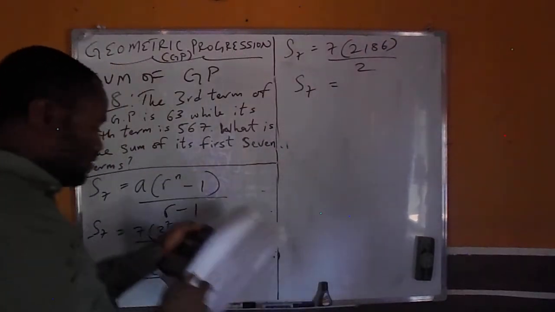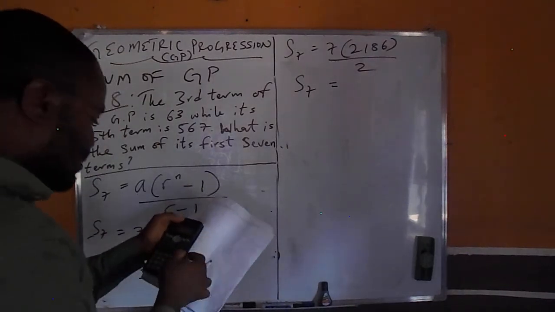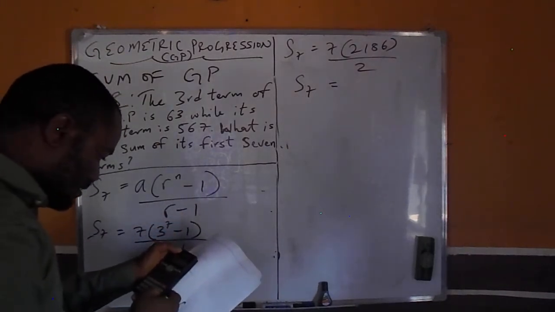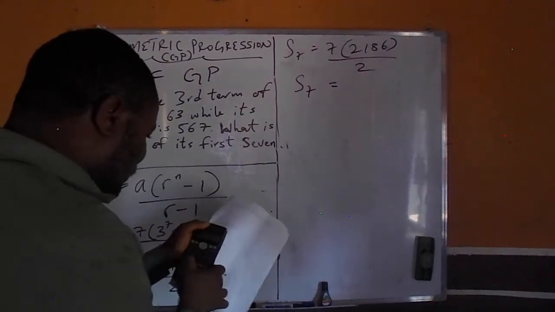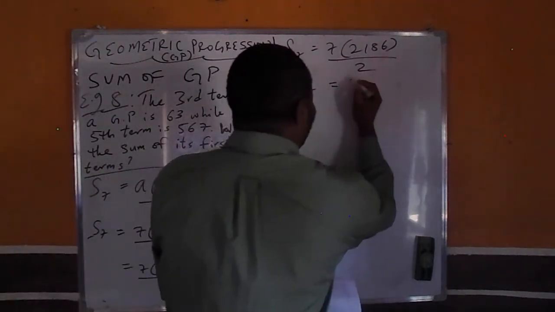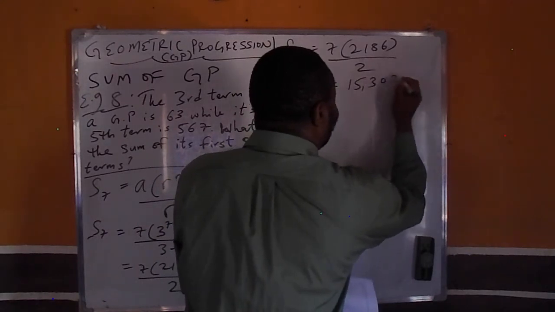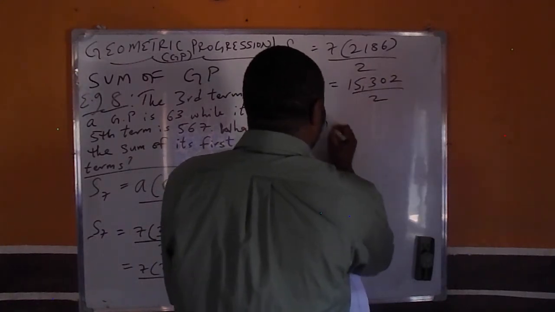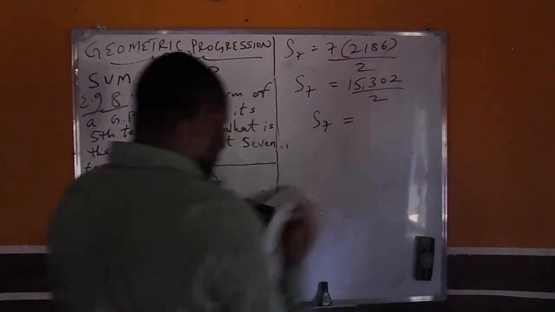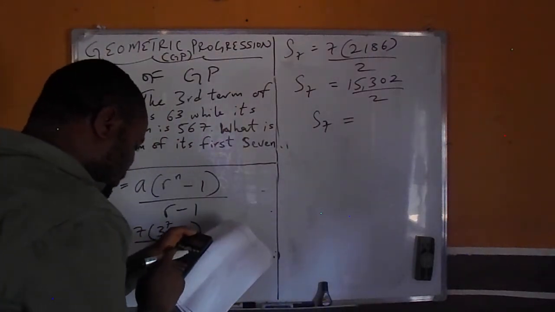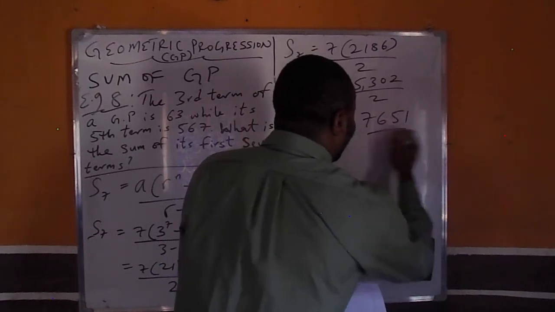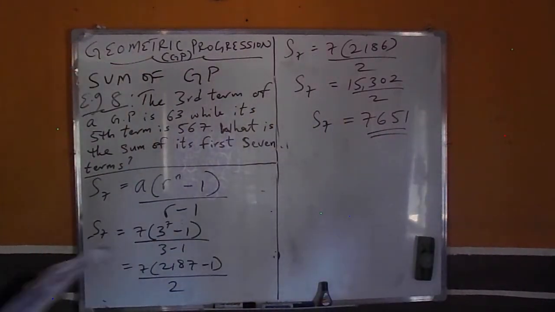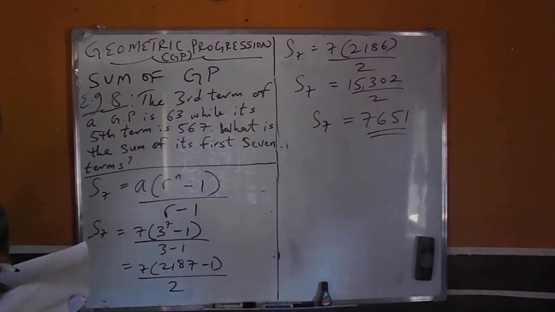S7 equals 2186 multiplied by 7, 15,302, divided by 2. We now divide it by 2, we have 7651. 7651 as our final answer.